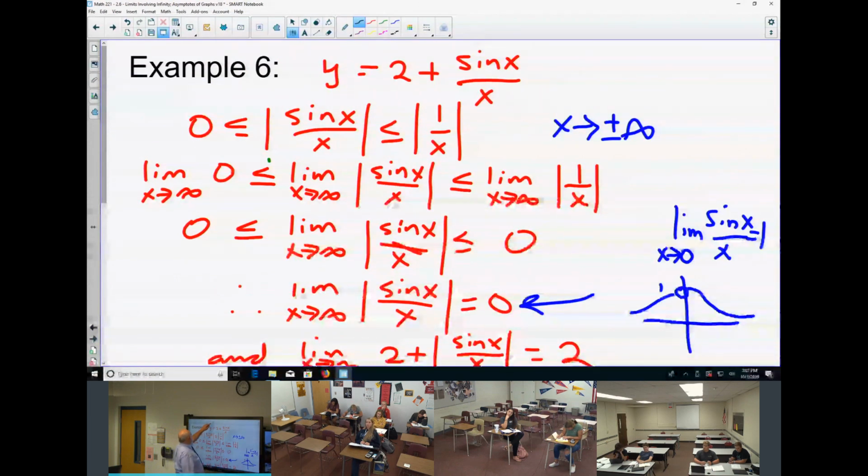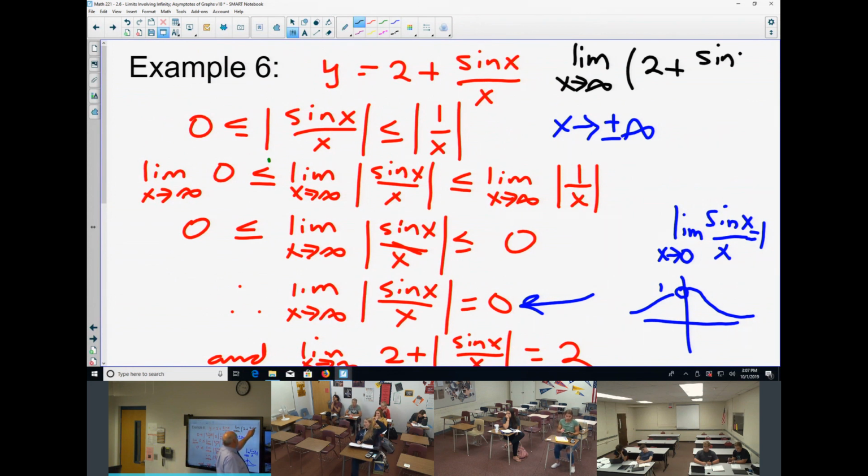My original question would be, find the limit, say as x approaches infinity, of 2 plus sine x over x. And so what I'm doing is using the sandwich theorem to figure out that this goes to 0. And so I have 2 plus 0 is going to be 2.